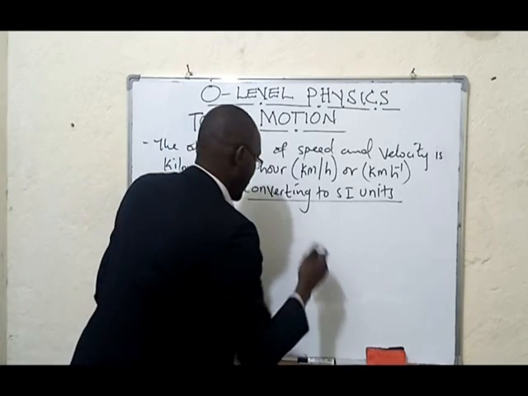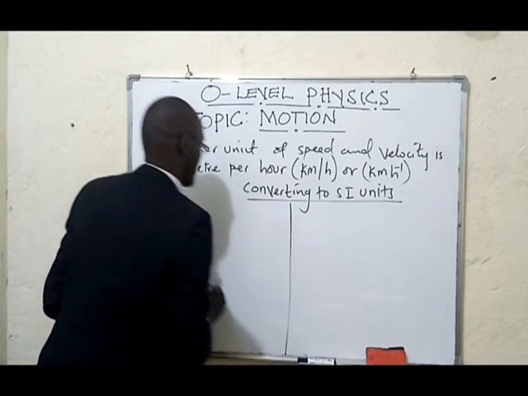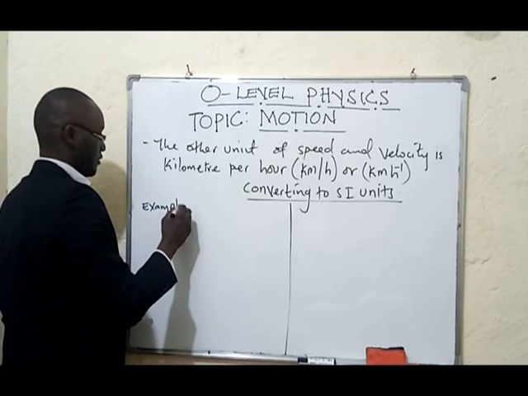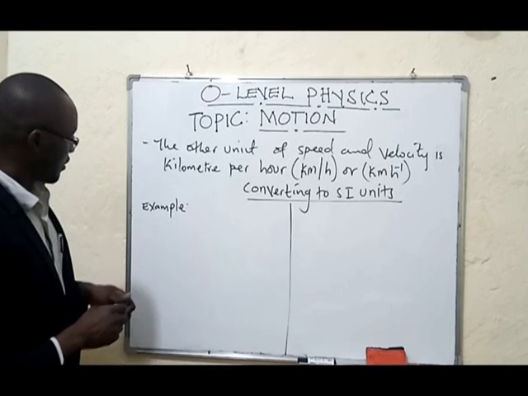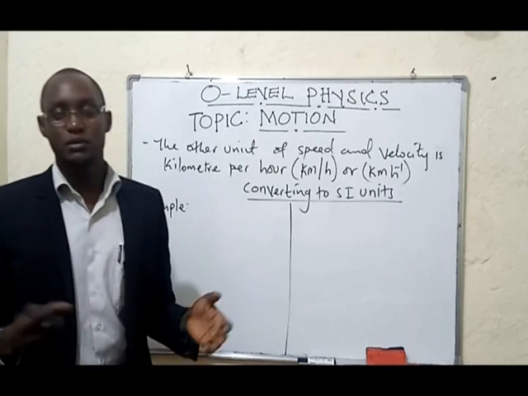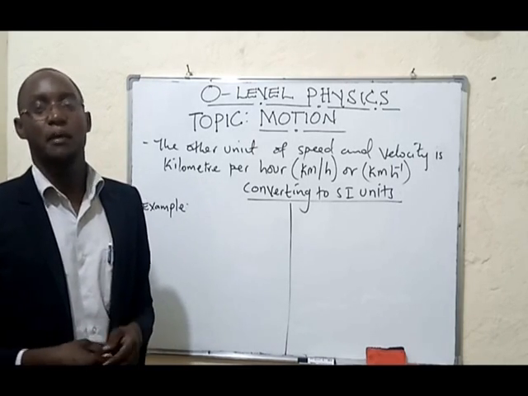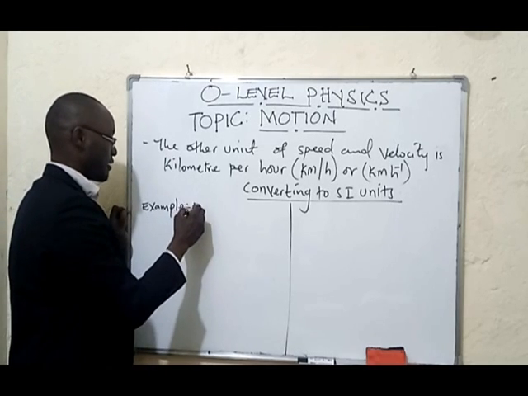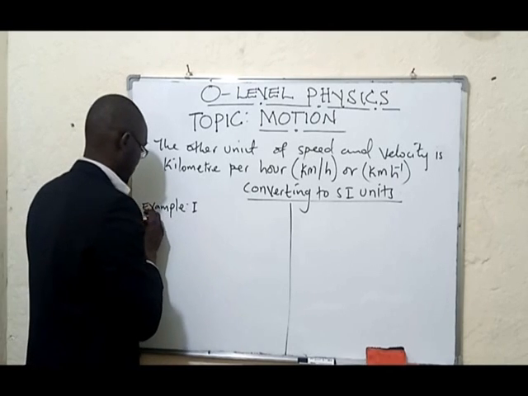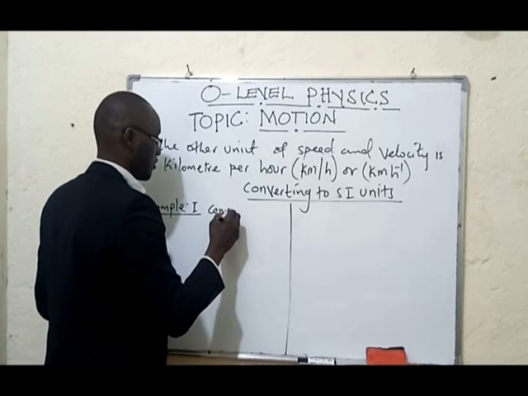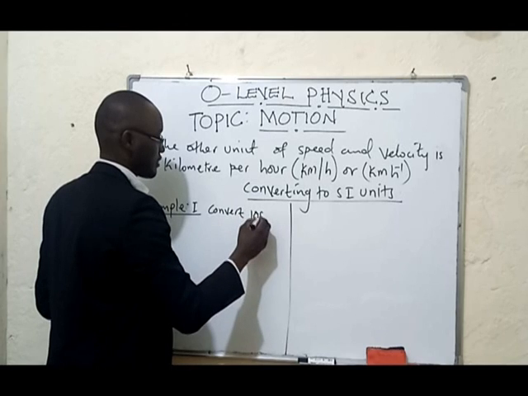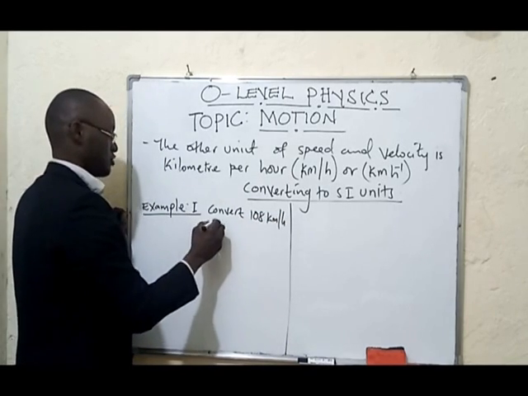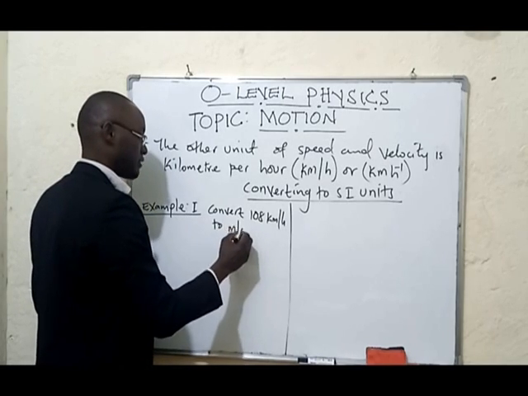Okay, so my example, let me divide my board, and then example 1. So someone can tell you to convert, for example, 108 kilometers per hour to meters per second. That can be an example. So example 1: convert 108 kilometers per hour to meters per second.